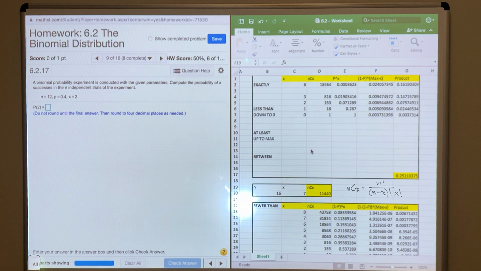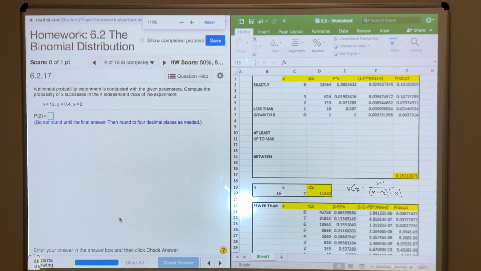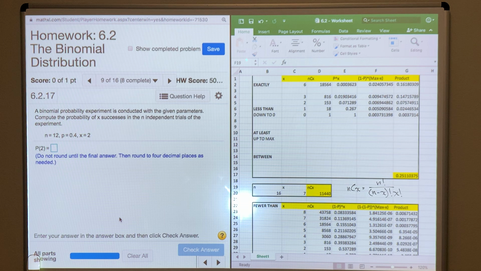Let's take a look. All right, so here we go. We've got a binomial probability experiment conducted with the given parameters. Compute the probability of X successes in the N independent trials of the experiment. Okay, so we have an N value, a P value, and an X value.